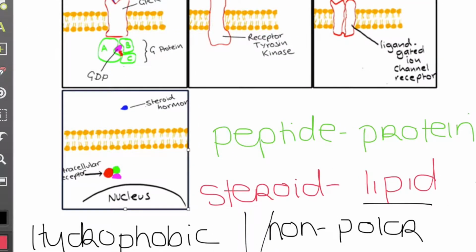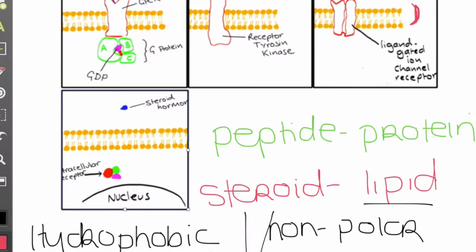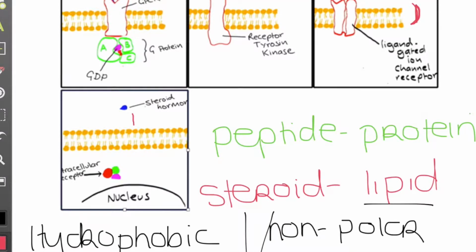Okay, so the membrane itself is, remember, composed of a majority of phospholipids, all right? So if I have a hormone that is made up of lipids, it's going to be able to move straight through because like dissolves like.